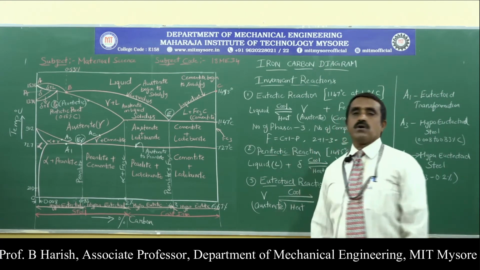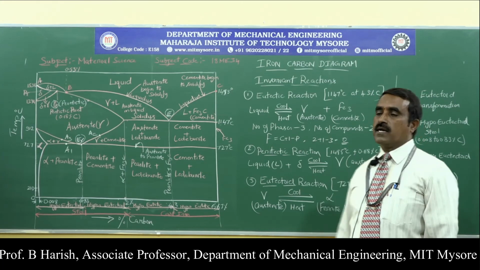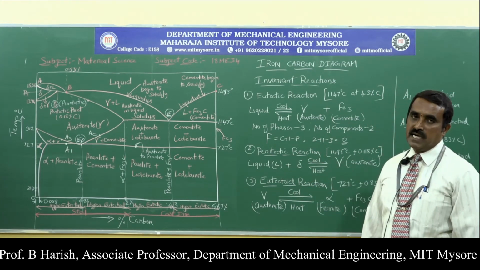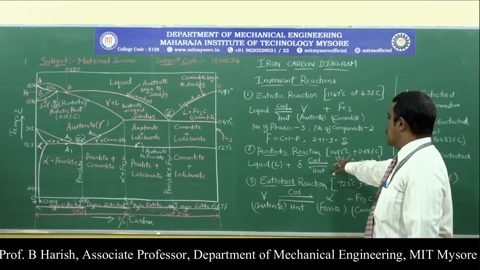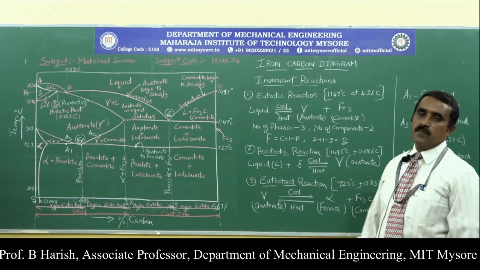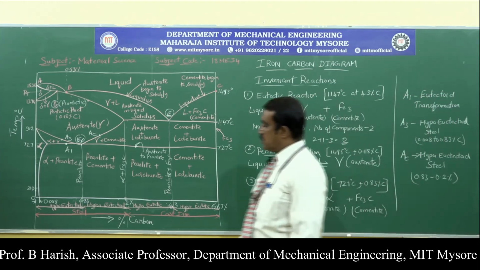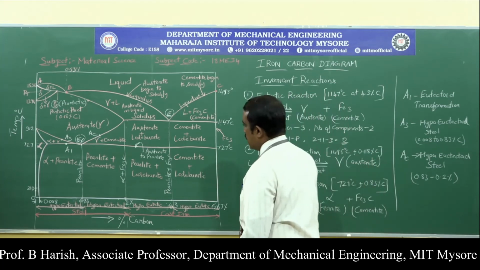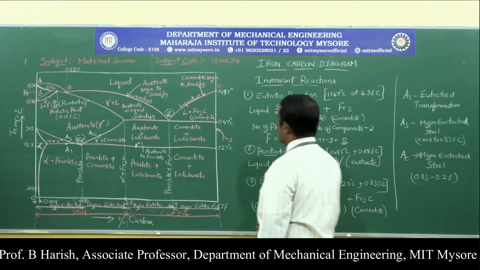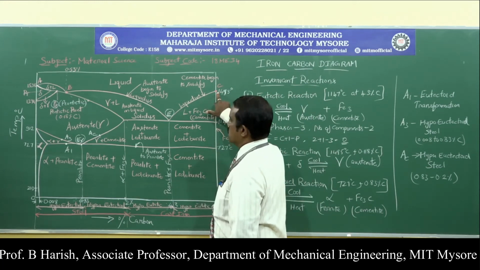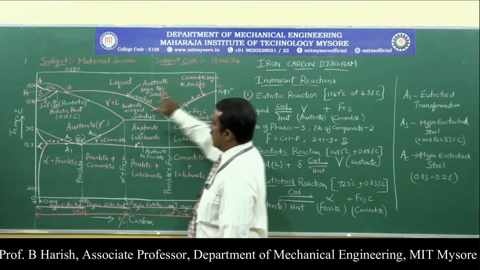Then the second type of invariant reaction is called the peritectic reaction. It takes place at a temperature of 1495 degrees centigrade and 0.18% carbon content. You can observe this, 0.18% carbon content and temperature 1495 degrees centigrade.